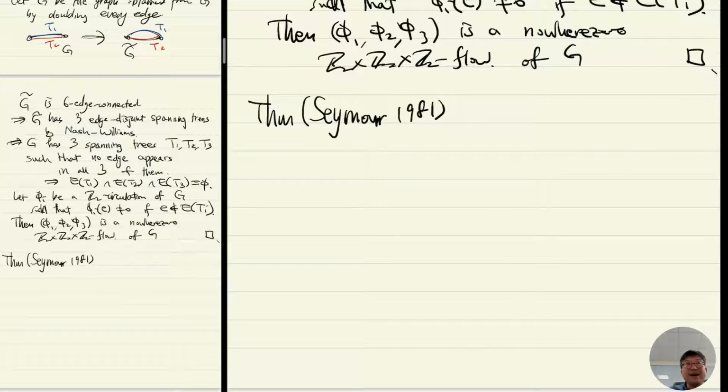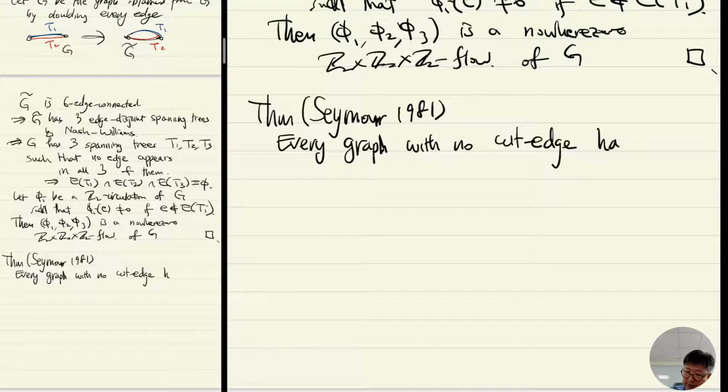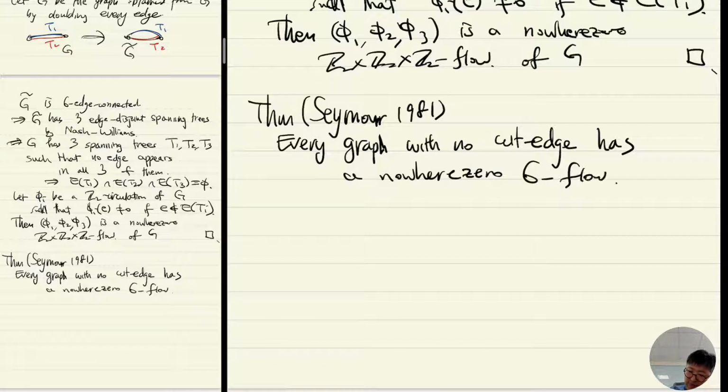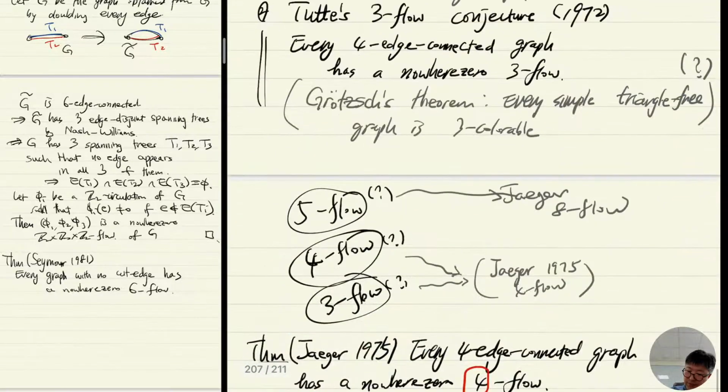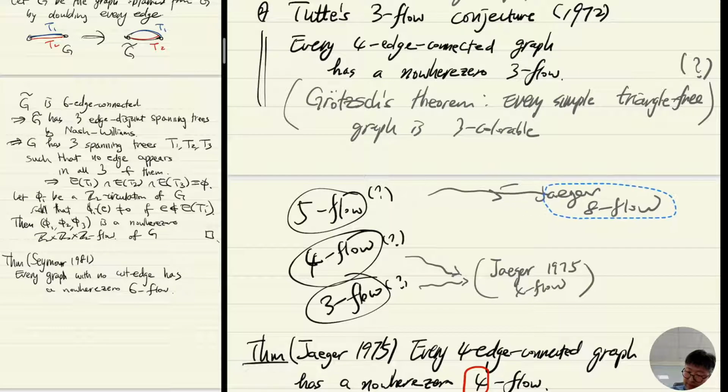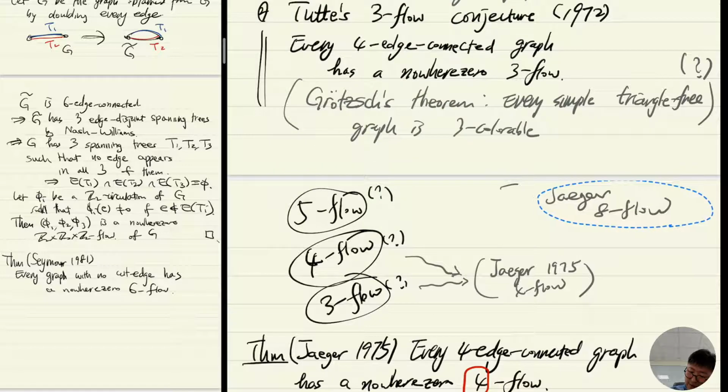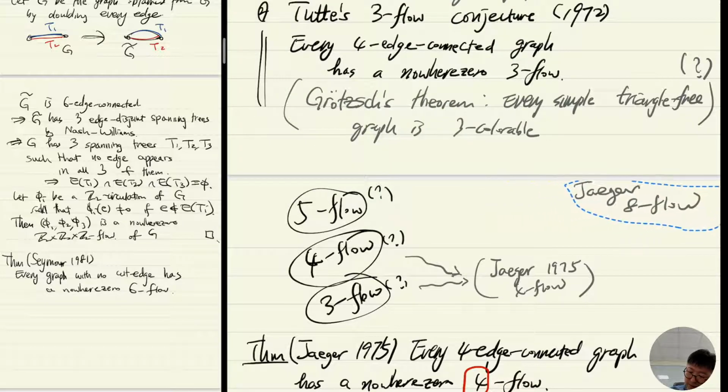in '81, which says that every graph with no cut edge has a nowhere-zero 6-flow. So instead of 8, there's a better theorem.